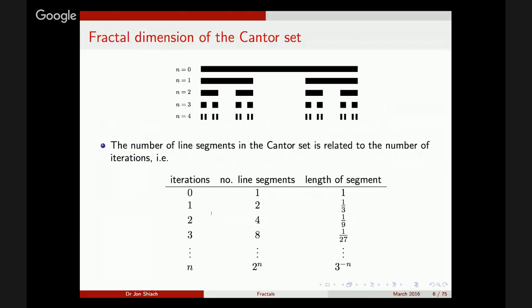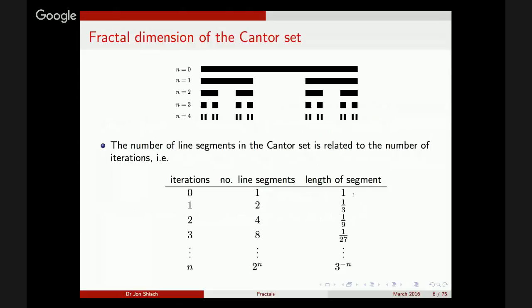So if we have a look at the example of the Cantor set, what we need to do is work out how many line segments we have and what the scale is. At iteration 0, we have one line, and let's say the length of that line segment is 1.